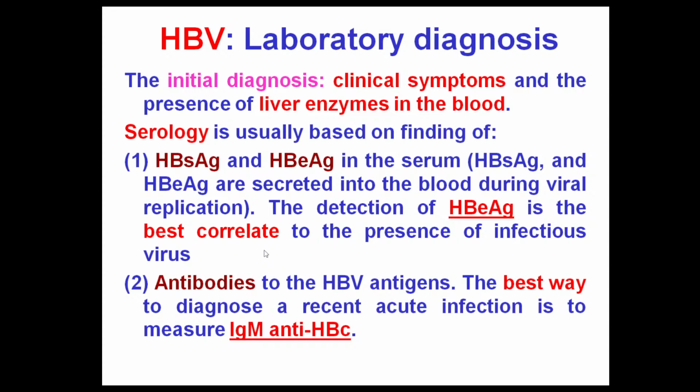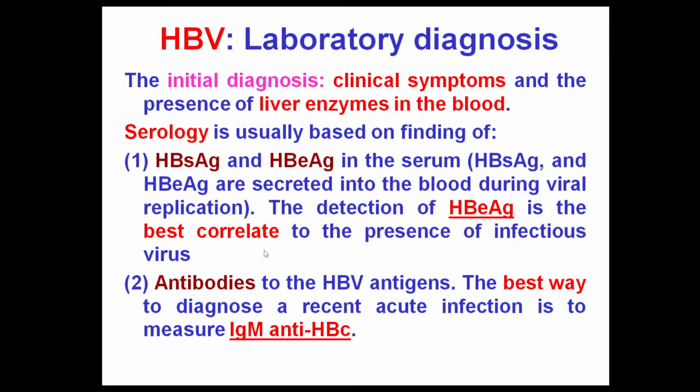The finding of hepatitis B E antigen best correlates with the presence of infectious virus particles in the blood and not just persistent infection, while the finding of hepatitis B surface antigen may occur during the persistency also. So antibodies against hepatitis B antigens are of high diagnostic value, especially the antibodies against hepatitis B core antigen. Do remember that core antigen itself is not secreted to the environment, to the blood.